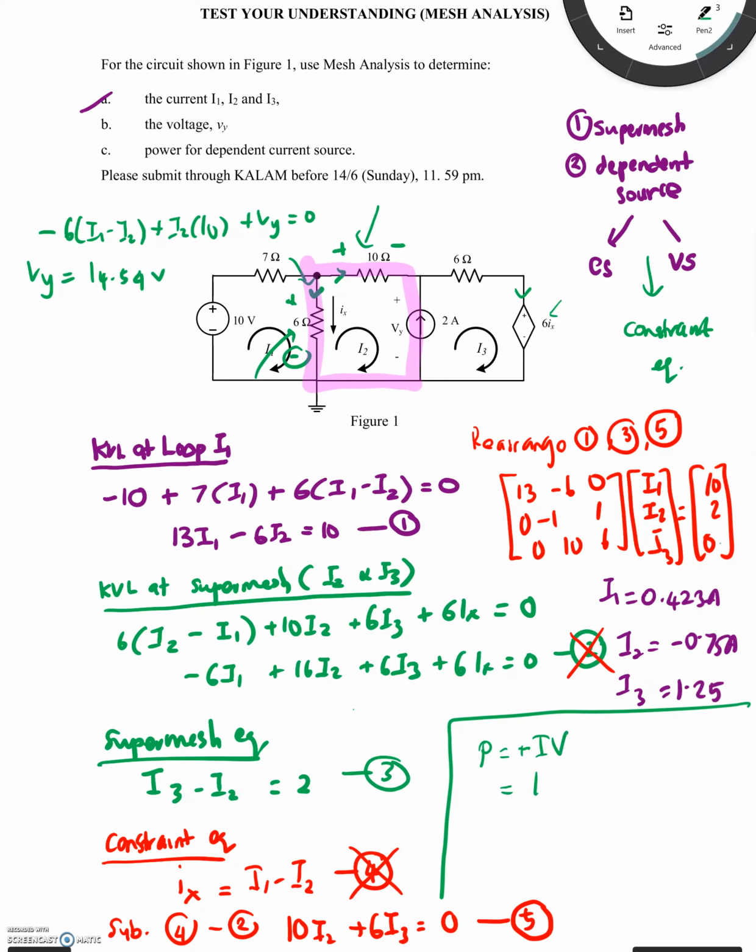The I is I3, and the V will be 6 Ix. So I3 times 6, where Ix is I1 minus I2. Then you substitute all the values into this equation, and finally you can get the value of P is 8.x watts.